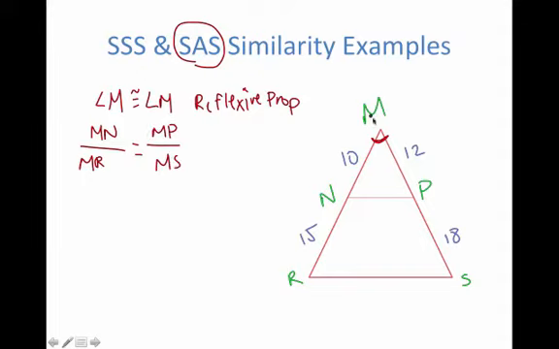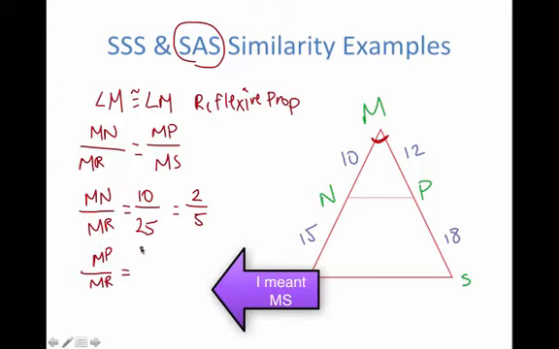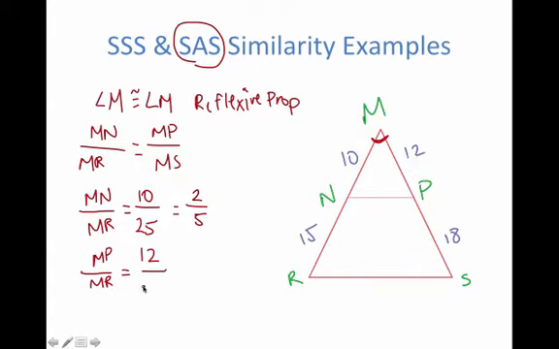So MN over MR would be 10 over 10 plus 15, which is 25, which reduces to 2 over 5. And then MP over MR is 12 over 12 plus 18, which is 30, which reduces to 2 over 5. So the two sides are proportional.